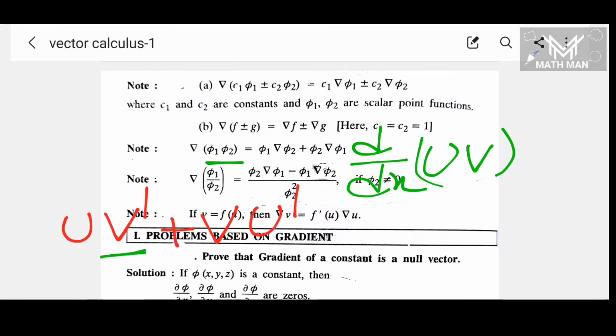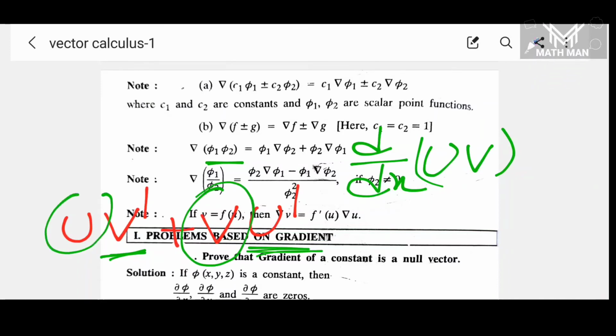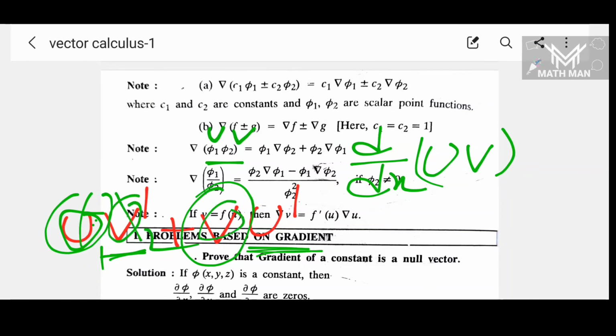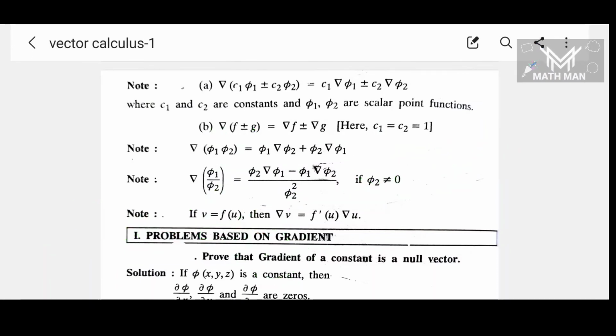Let us assume u and v, so this one is phi 1 and this is phi 2. Here we have three quantities to differentiate, so we introduce them. It is just the uv formula, so you can easily do it.